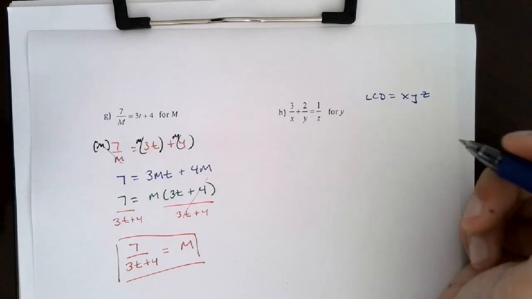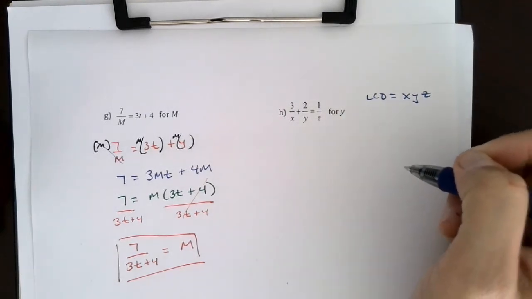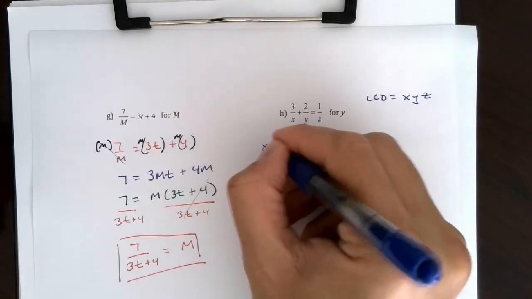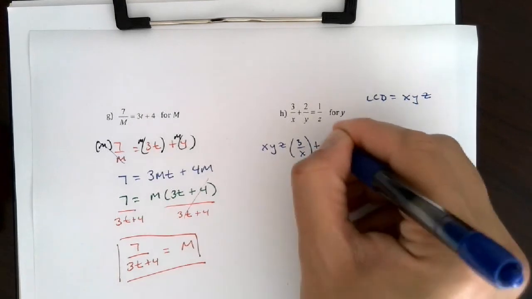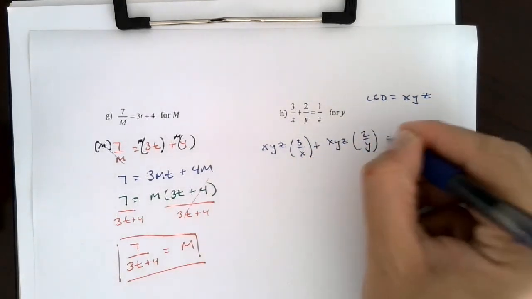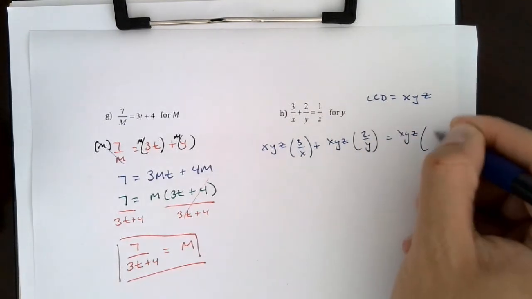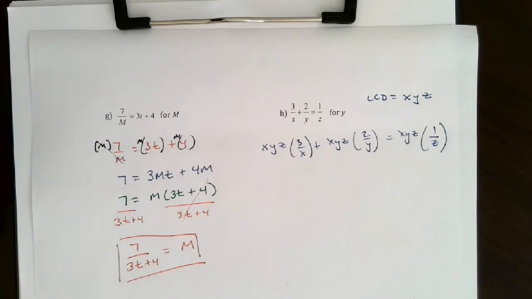So I'm going to multiply by x times y times z to each fraction here in order to clear fractions out. So if I have xyz times 3 over x plus xyz times 2 over y equals xyz times 1 over z. And we'll simplify.